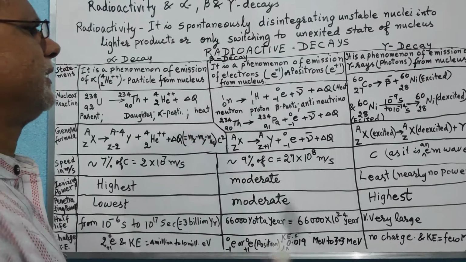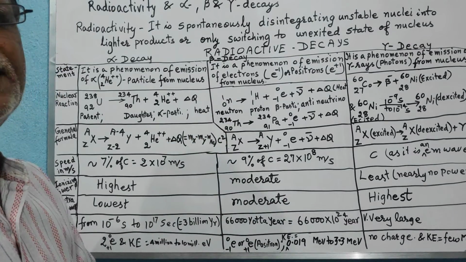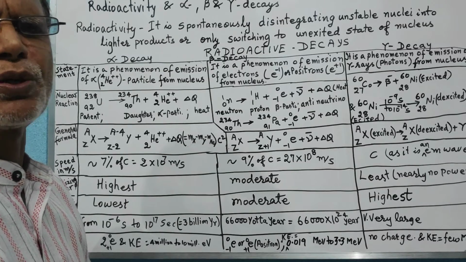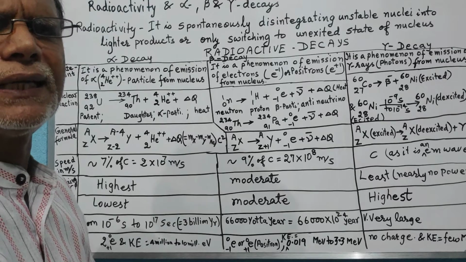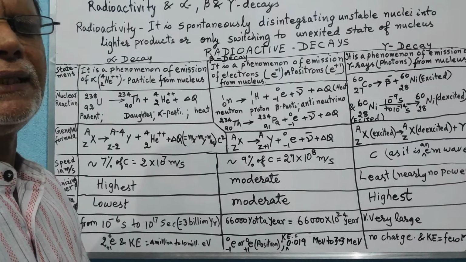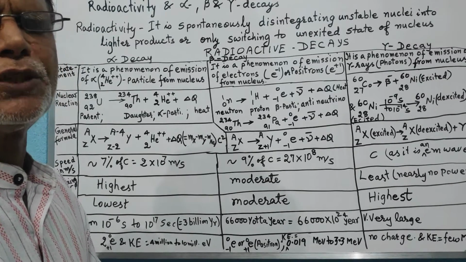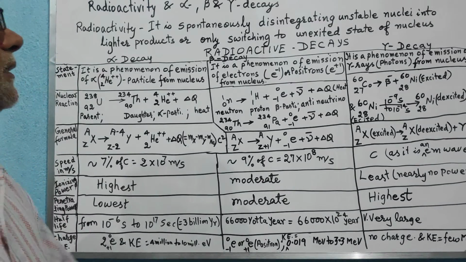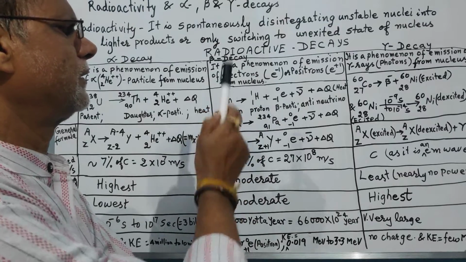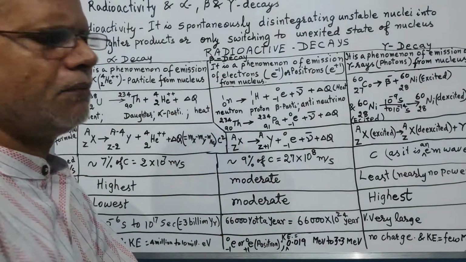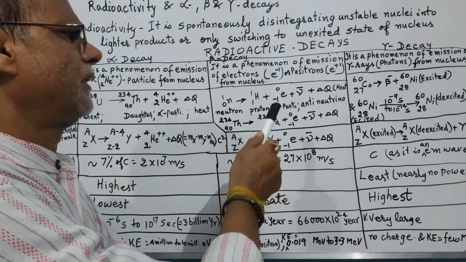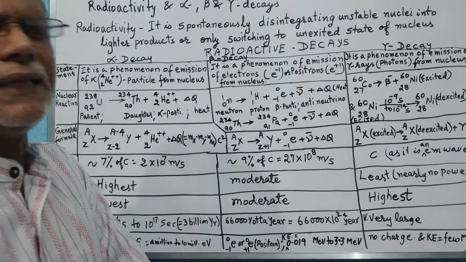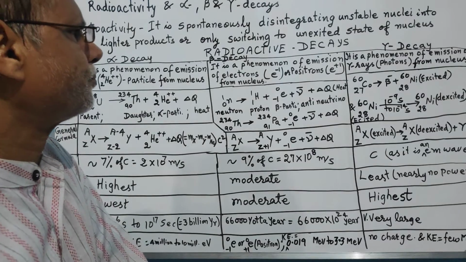In beta decay, beta particles, meaning electrons or positrons, are emitted. We name them together as beta particle. Either it could be an electron or it could be a positron. The charge on an electron is negative, but the charge on a positron is positive, though it has the same mass as the electron.